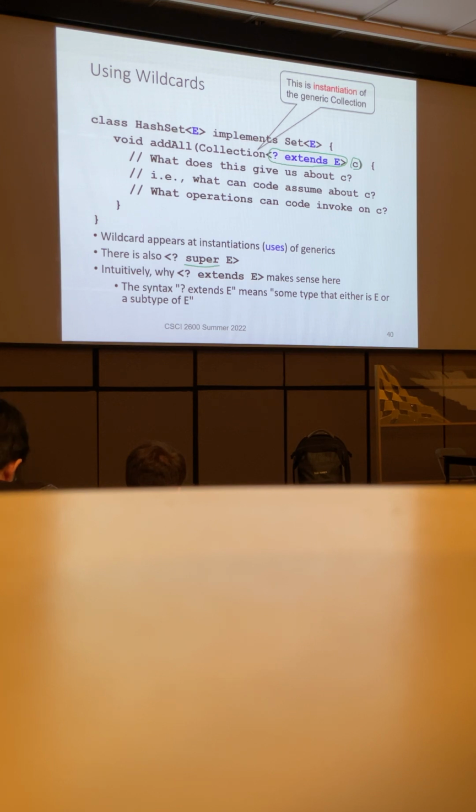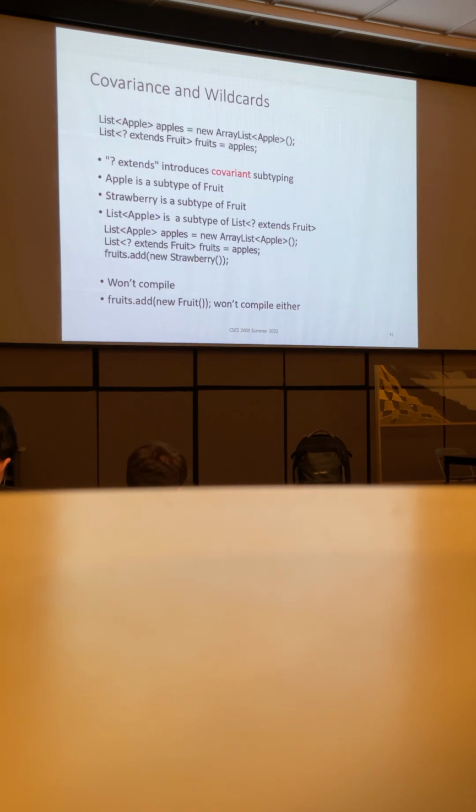Question mark extends E means some type that either is E itself or a subtype of E. Super means some type that is either E or a supertype of E. Now with the introduction of wildcards, we can translate it back to the covariance and contravariance that we covered earlier. So question mark extends introduces covariance. Question mark super introduces contravariance.